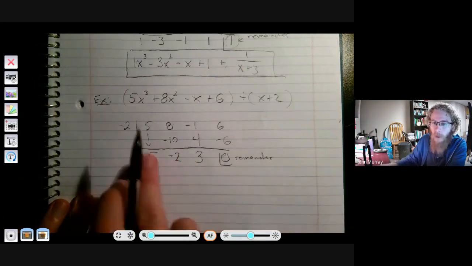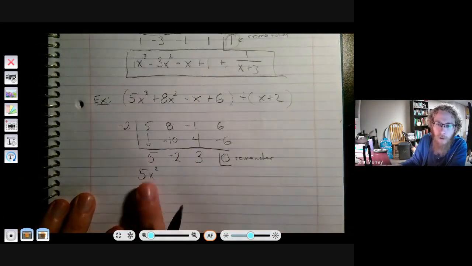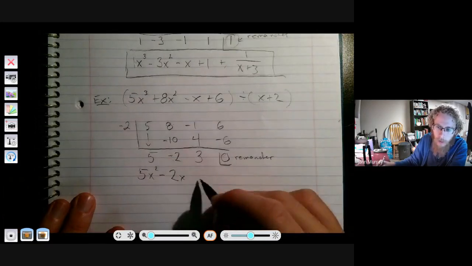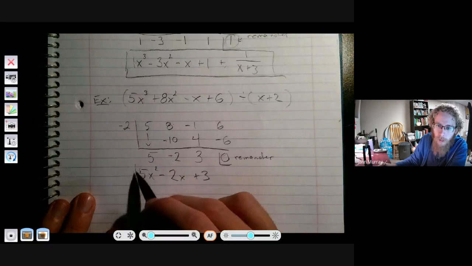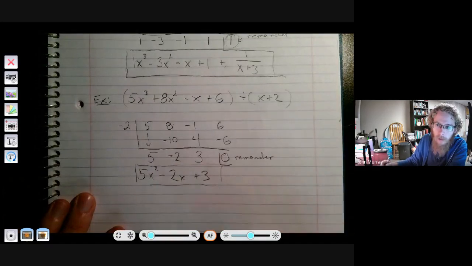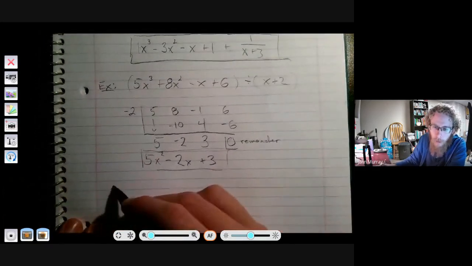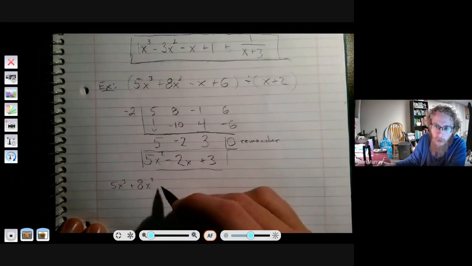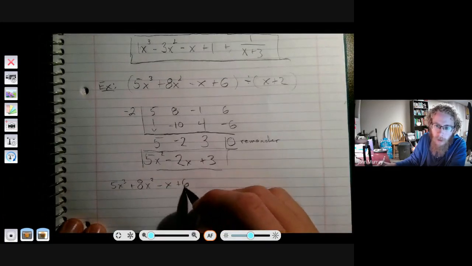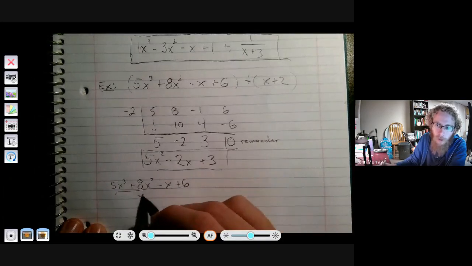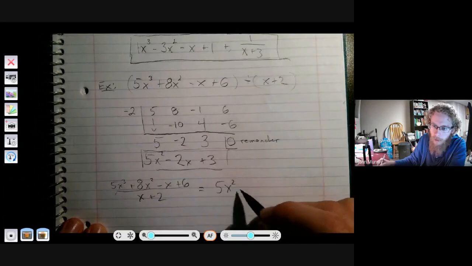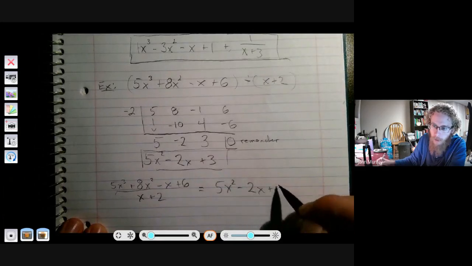So we already have that first term, the 5x squared. Then this is going to be minus 2x plus 3. Or again, you can rewrite it: 5x cubed minus 8x squared minus x plus 6 over x plus 2 equals 5x squared minus 2x plus 3.